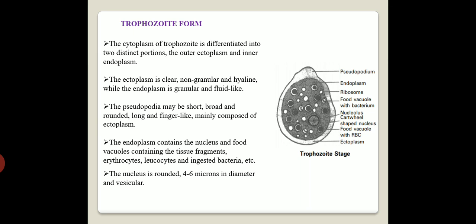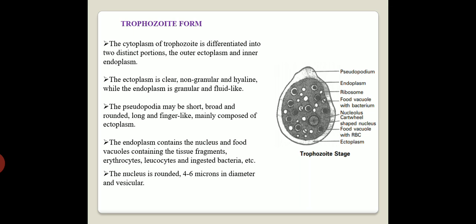The cytoplasm of the trophozoite is differentiated into two distinct portions, that is outer ectoplasm and inner endoplasm. The ectoplasm is clear, non-granular and hyaline, while the endoplasm is granular and fluid-like. You can see in the picture.